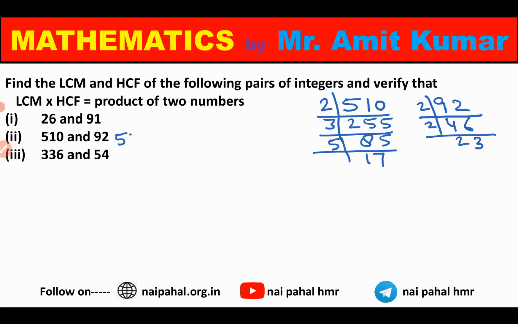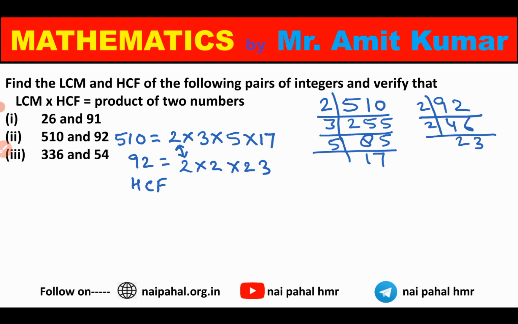So we can write here, for 510 and 92. For 510 the factors are 2 multiplied by 3 multiplied by 5 multiplied by 17, and for 92 we have 2 multiplied by 2 multiplied by 23. Here we can say that 2 is common, so HCF will be 2, and in that case we have LCM to be multiplied.